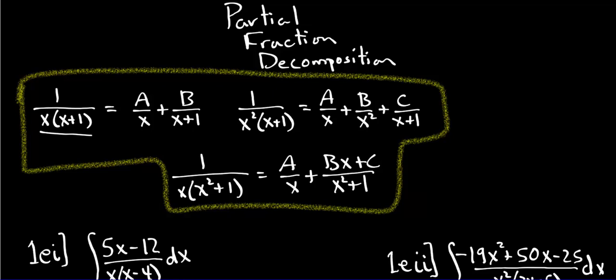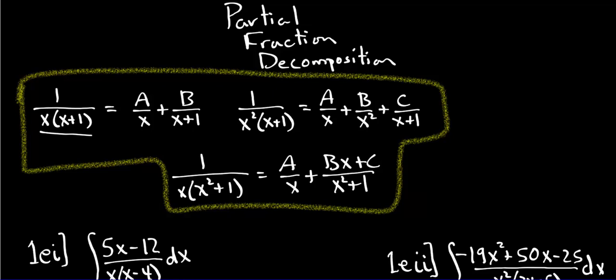Now remember also that before we start this partial fraction decomposition, you have to have it factored completely. And also remember that the degree of the bottom needs to be bigger than the top. And if it's not, you need to divide.